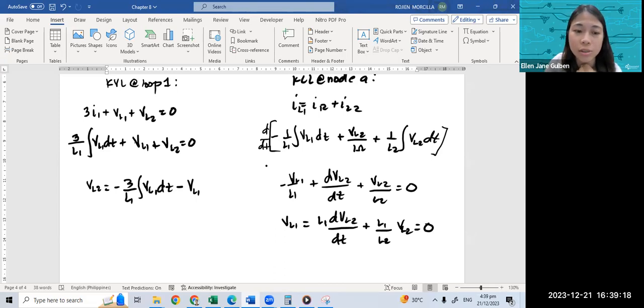So we'll just substitute. You can substitute this, or you can substitute that, and then you will get a second order differential equation. So you may continue this solution on your own.